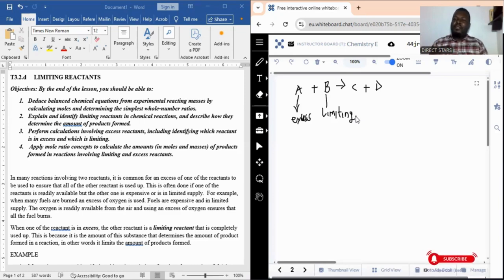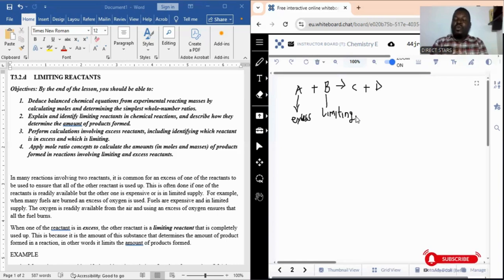How do we determine which of the reactants should be in excess or which should be the limiting reagent? In practical terms, what we do is ensure that the excess reagent is one that is readily available, one that is cheap.